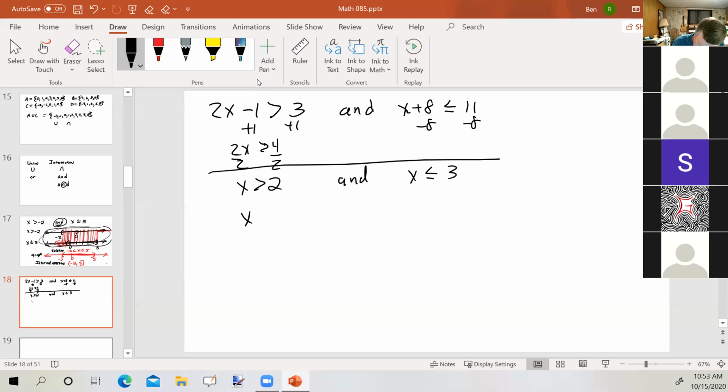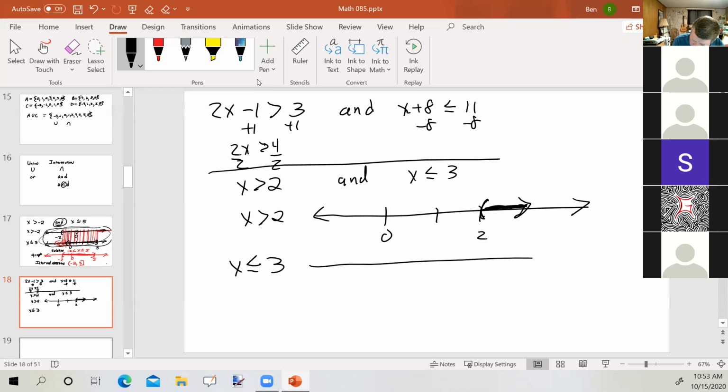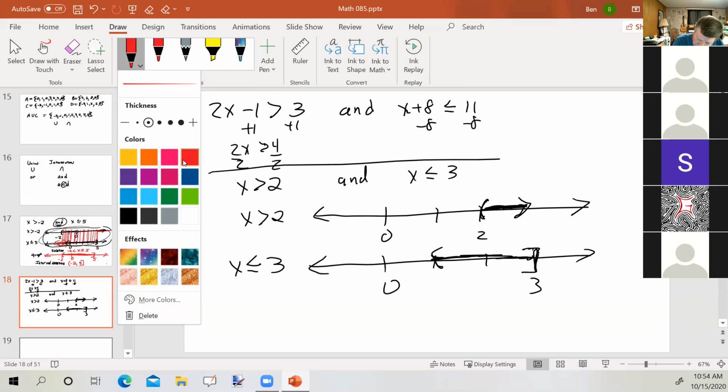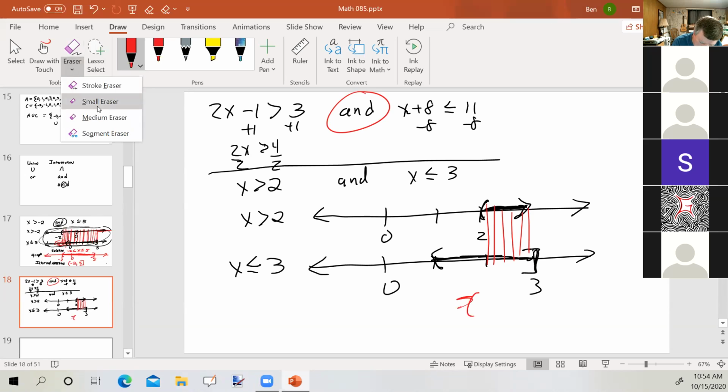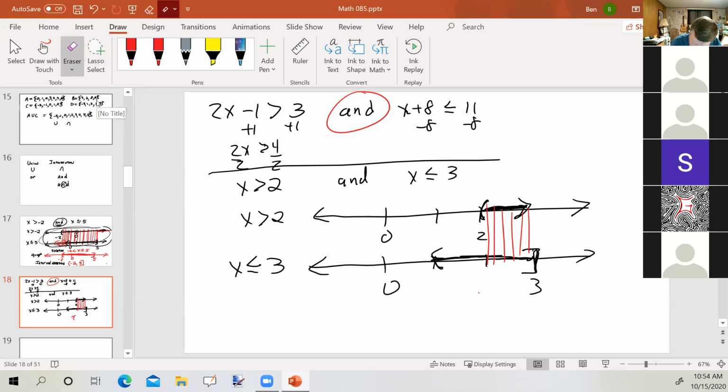Okay? So let's look at x greater than 2, what the graph of that looks like. I would have a parenthesis with an arrow going to the right. x less than or equal to 3, I would have a bracket and arrow going to the left. Again, we're talking about intersection, so let's do that first.